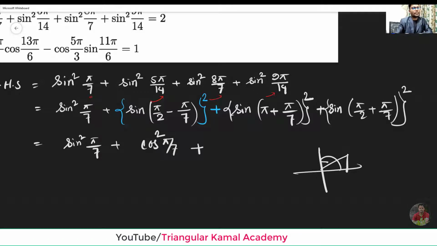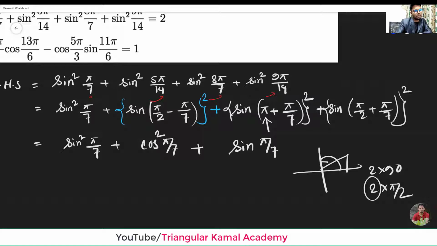Okay, next step, 180 plus pi by 7. That means 180 plus theta. 180 means 2 times 90, or 2 times pi by 2. That means an even number, so no change. There will be sine pi by 7.